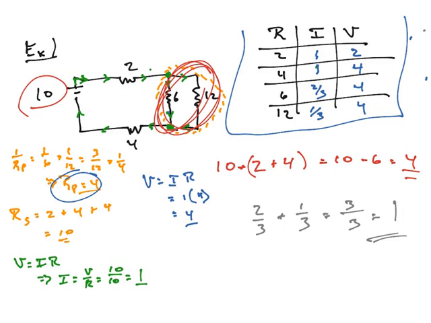Obviously, there's extremely complicated circuits out there where we can't use this stuff to figure them out. And that's what the rest of the semester will be about, more interesting, more complicated tools to try to analyze circuits that cannot be analyzed using Ohm's law. But for now, this is what we need.